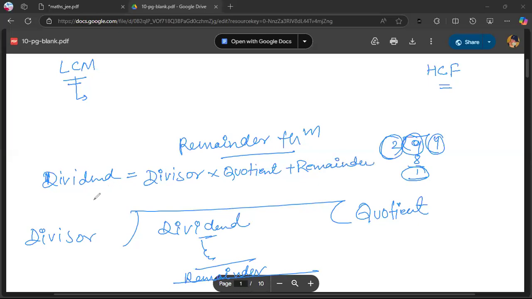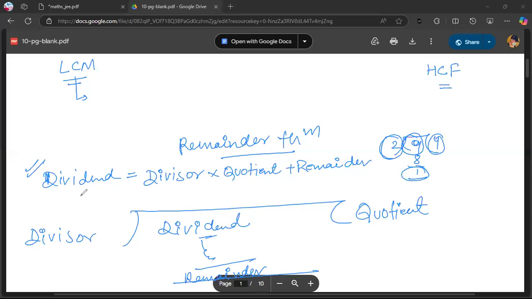In this case, 9 is the dividend, 2 is the divisor, quotient 4, plus remainder 1. So is it satisfying? Yes, sir. So you need to remember this very basic formula: dividend is equal to divisor into quotient plus remainder.